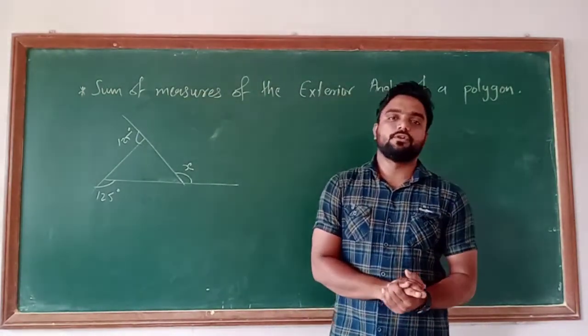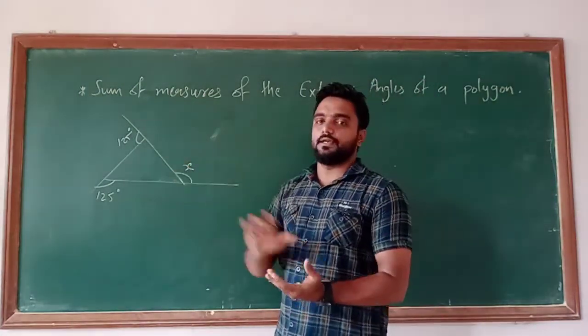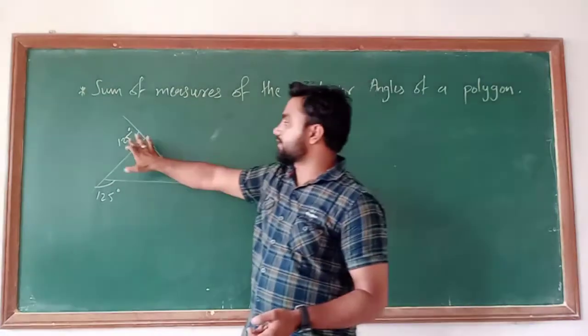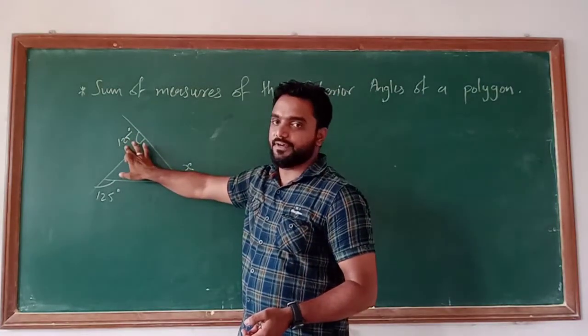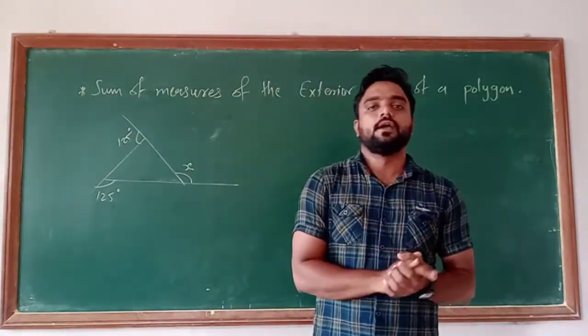Okay, the first polygon given to you is which one? That is a triangle. So the exterior angles of the given triangle: one of the exterior angles is x, another exterior angle is how much? 125 degrees, and the third exterior angle is how much? 125 degrees.